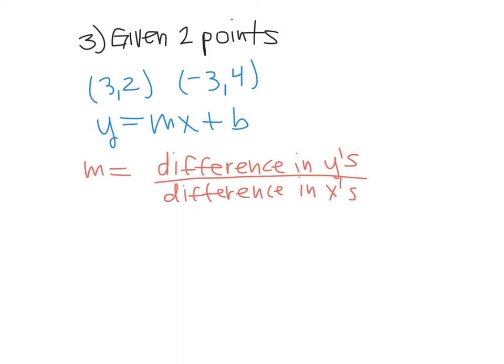Okay. Now, in general, we can think of these 2 points that are given as x1, y1, using different subscripts to just distinguish between 2 different values of x and 2 different values of y.